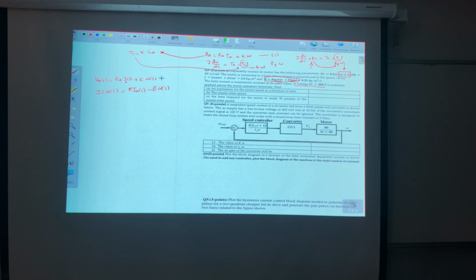Now from here, IA of S will equal VA of S minus K omega of S over RA.